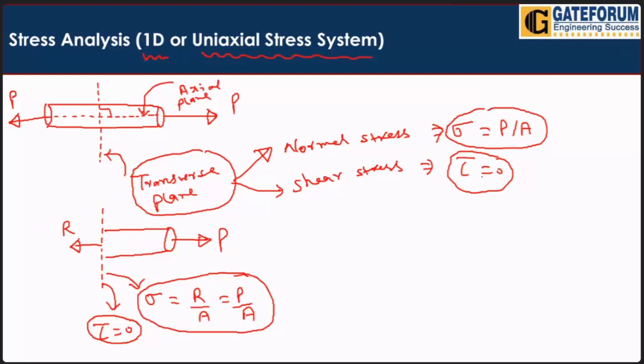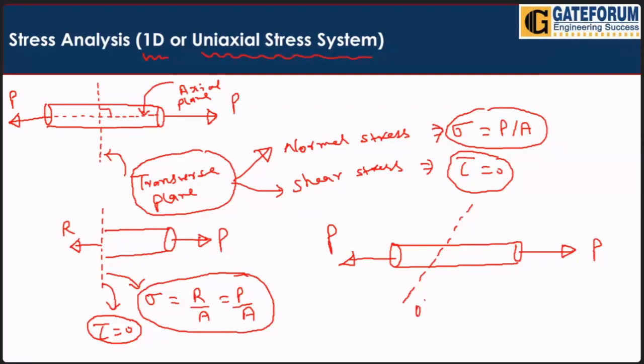But suppose we have a problem like this, where load is applied in one direction only, 1D, not 2D, and the plane is like this. Then the plane is known as an oblique plane, with some orientation or some angle theta.